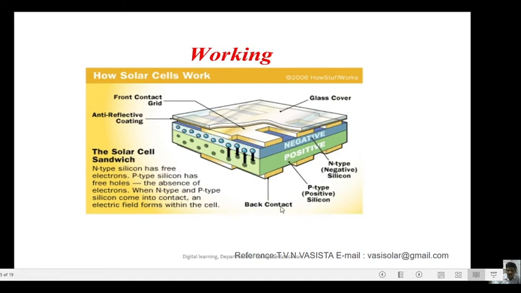Then the back contact. In the solar cell sandwich, n-type silicon has free electrons and p-type silicon has free holes. When n-type and p-type silicon come into contact, an electric field forms within the cell.